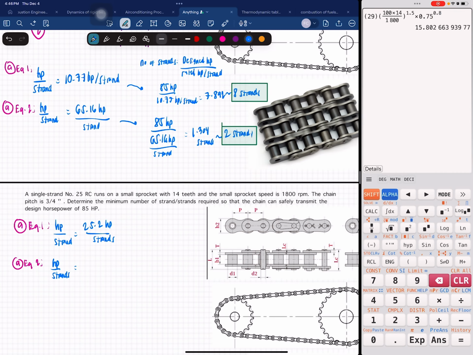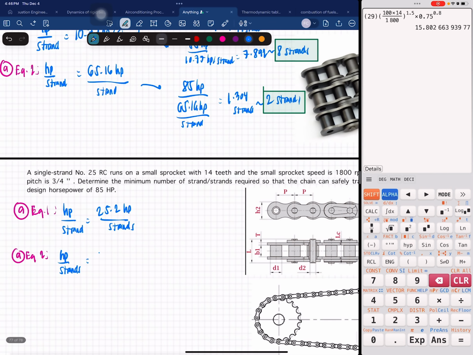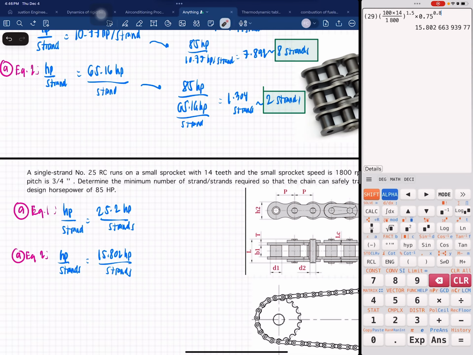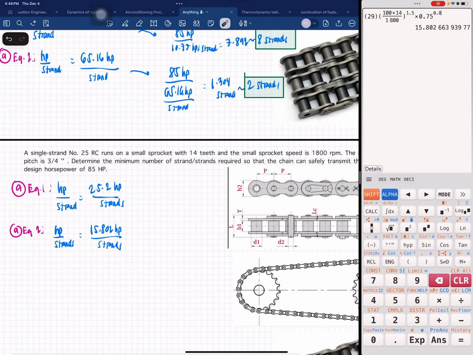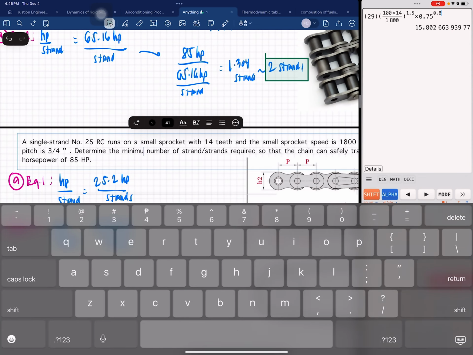So now the rated power per strand has been reduced to 15.802 HP per strand.